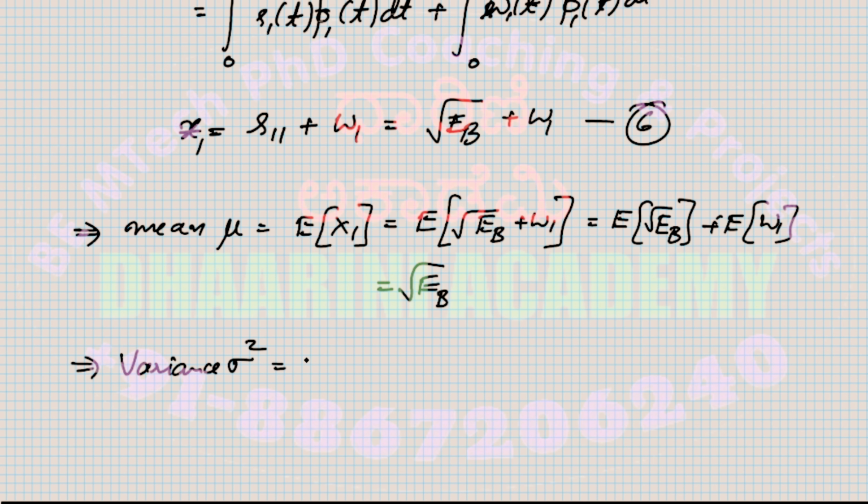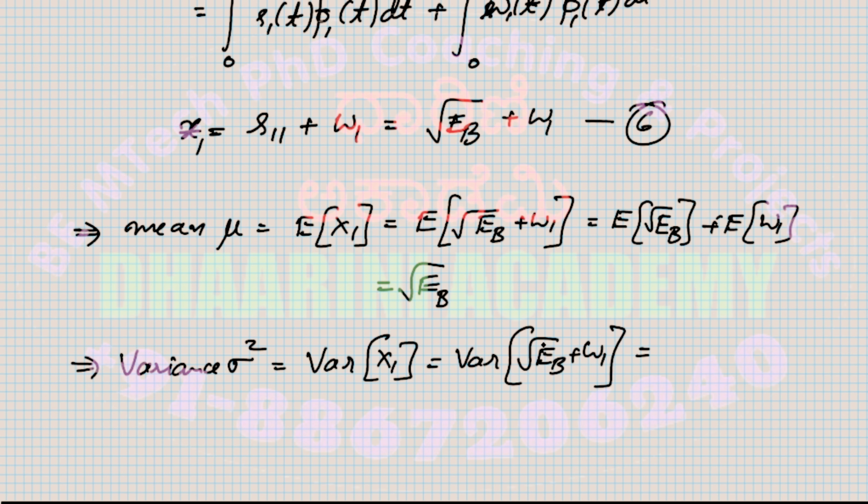Variance sigma square is equal to, this is nothing but the variance of x1. So this has to be equal to the variance of root of Eb plus W1. So variance of root Eb will be 0 plus variance of W1 will be N0 by 2. So previous one was mu. Now we are calculating sigma square, and this sigma square should be equal to N0 by 2.